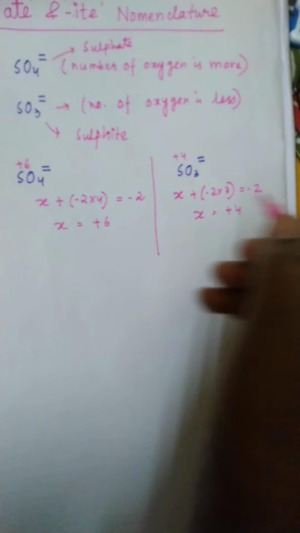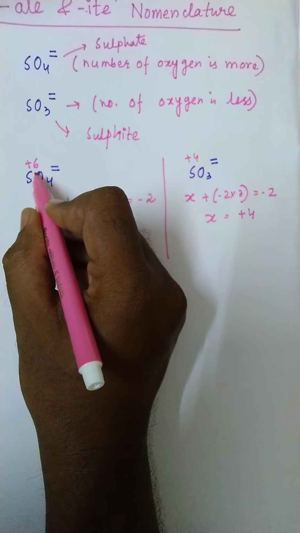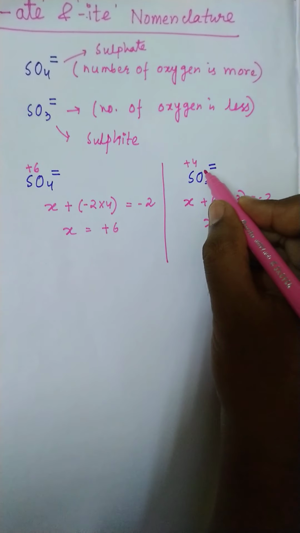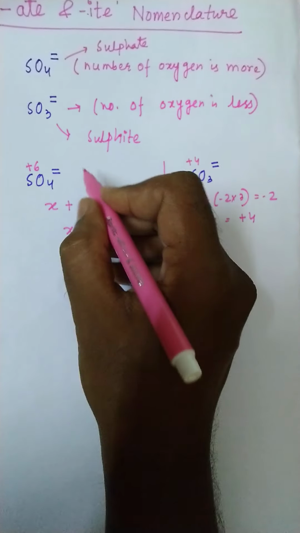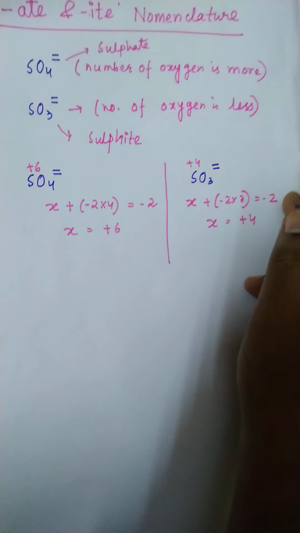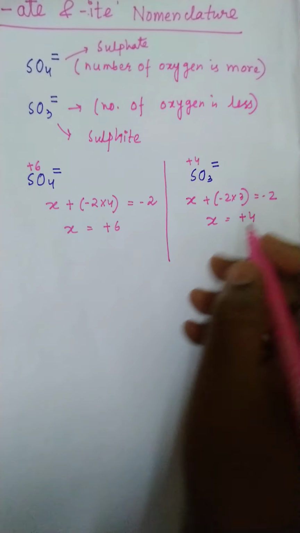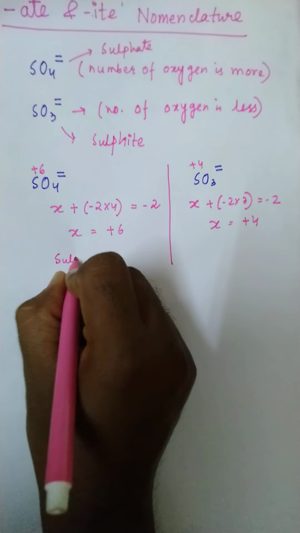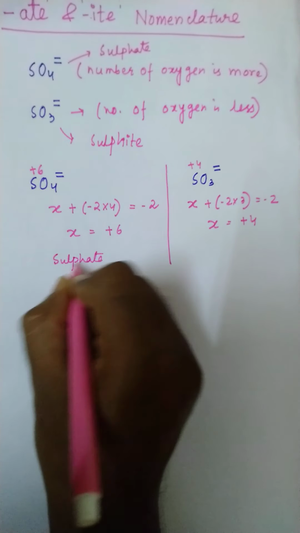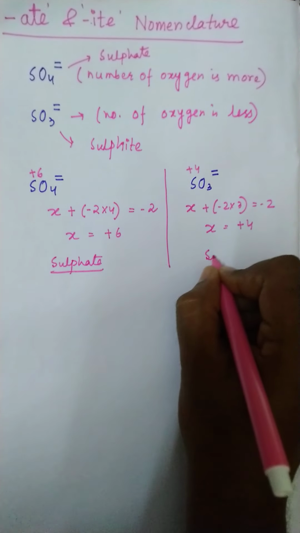So it is very much clear that here the oxidation state is high, here the oxidation state is low. So where the oxidation state is more, that will be known as -ate, and where the oxidation state is less, that will be known as -ite. So this one is sulfate and this one is sulfite.